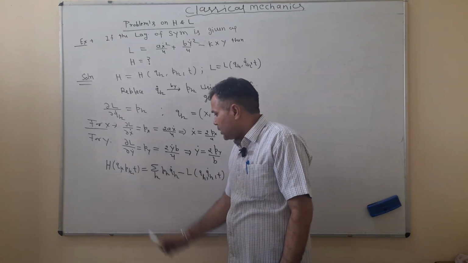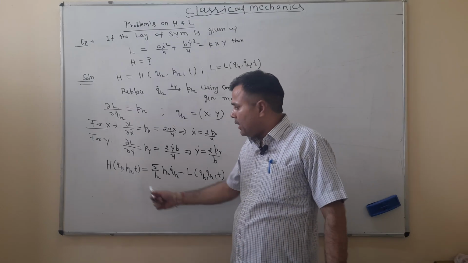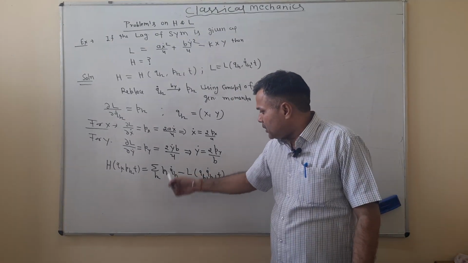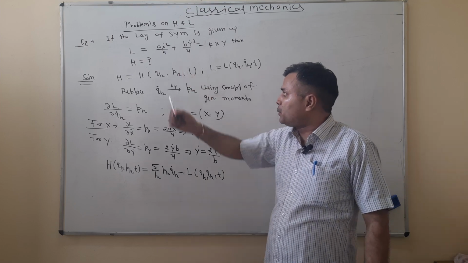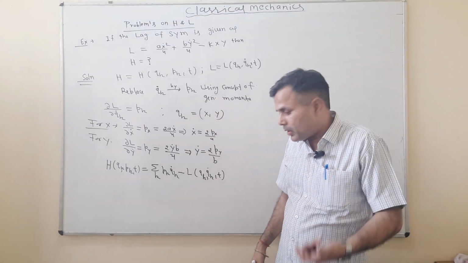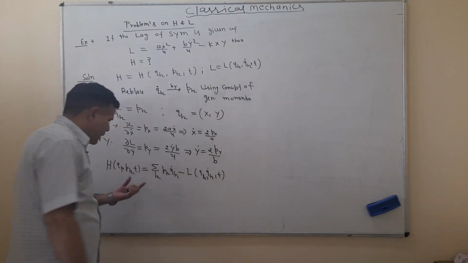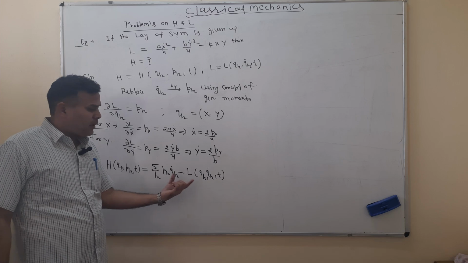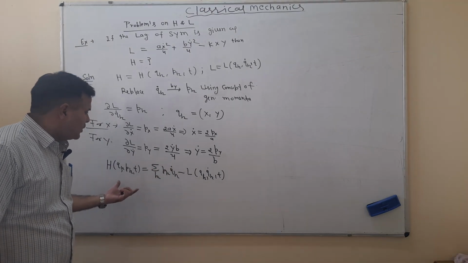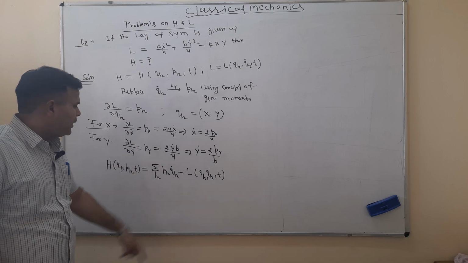With the help of this relation, we can convert our L into H and vice versa. We can find the H for a given L, and we can also find the L for a given H.